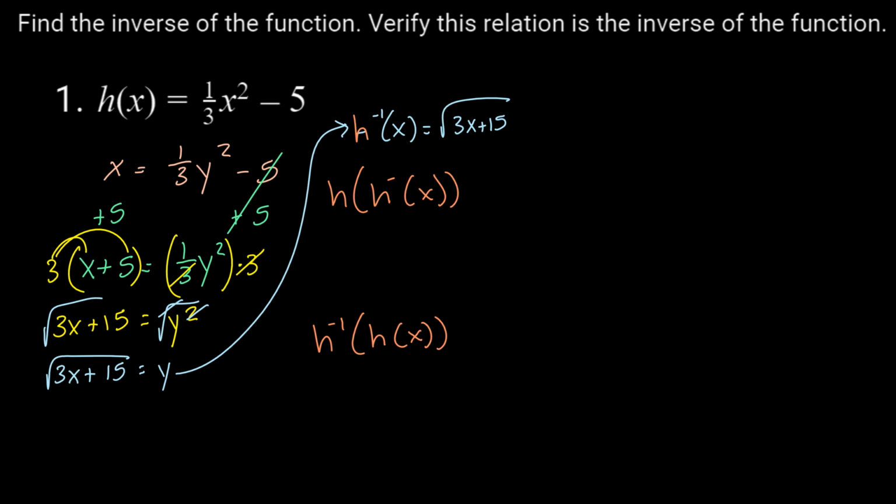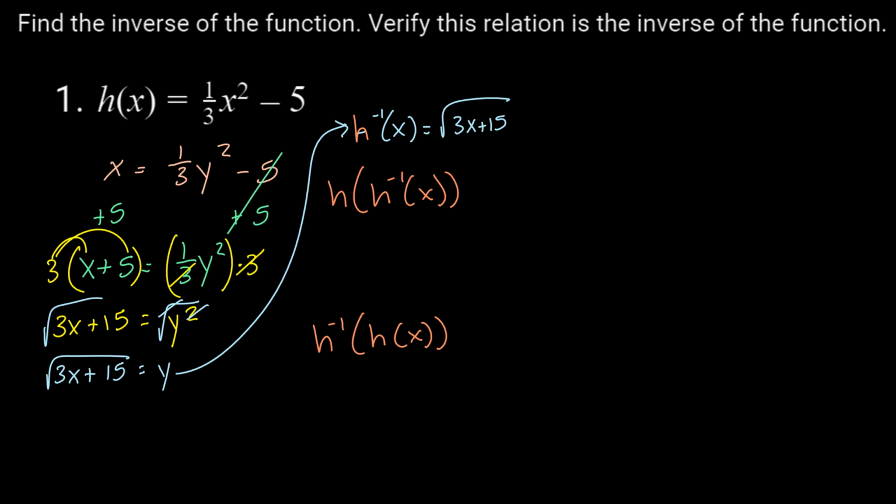Now, how do we do this first composition? What is this asking us to do? H of h inverse. We're putting what in what? We're taking the innermost function, so the innermost function here is h inverse. We're taking the innermost function and putting it into the outermost function here, the next set of parentheses.